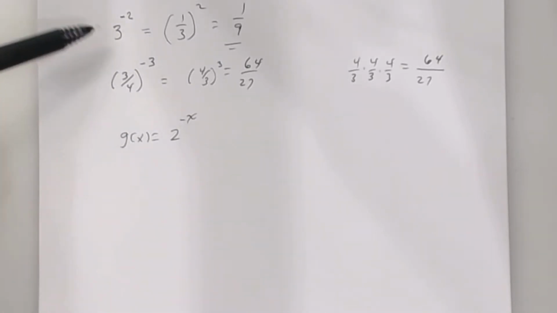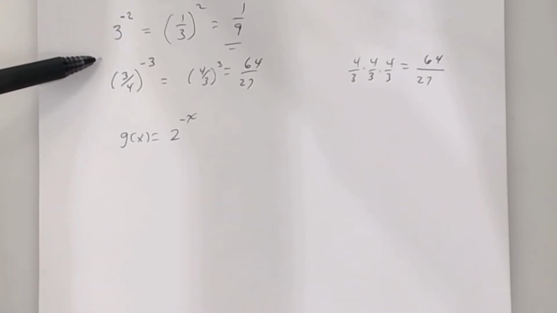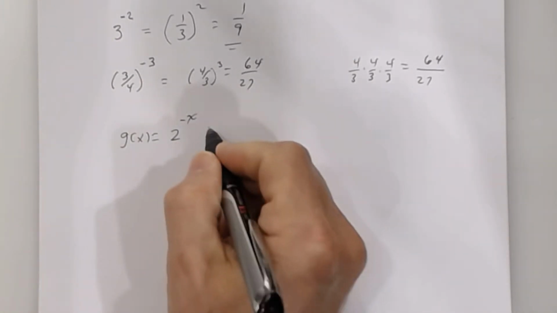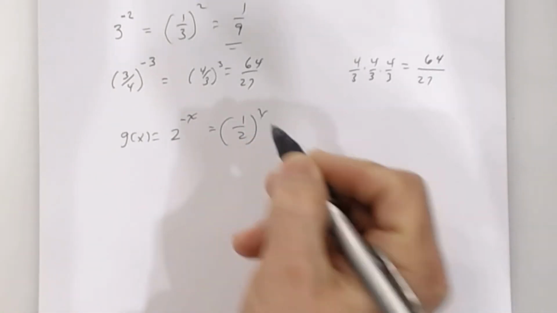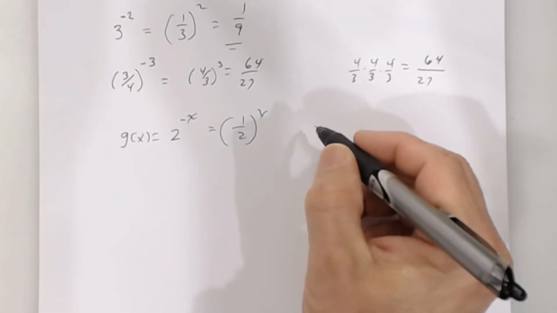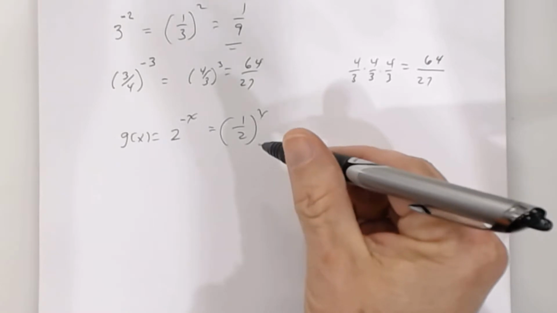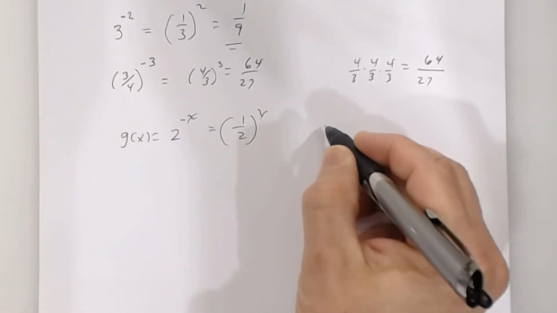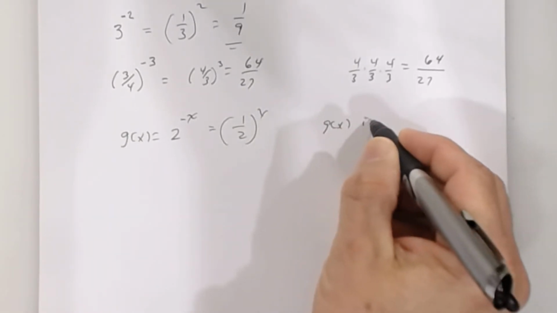Why do you think I talked about these 2 things right here? So if I'm going to make that exponent positive x, then how do I write the 2? 1/2. So this is 1/2 to the x. And now you're going to tell me it's what kind of function? Decreasing. This number is less than 1. So g of x is a decreasing function.